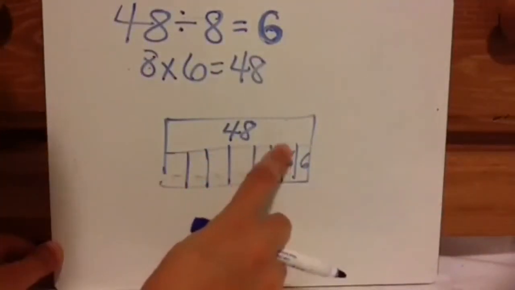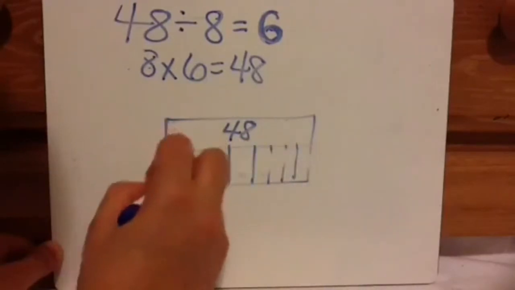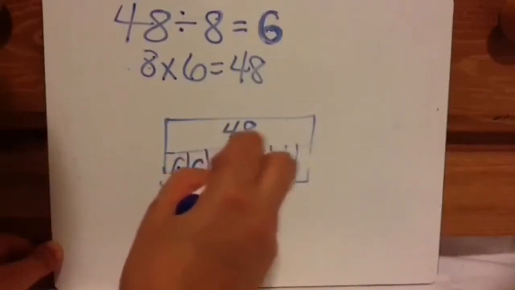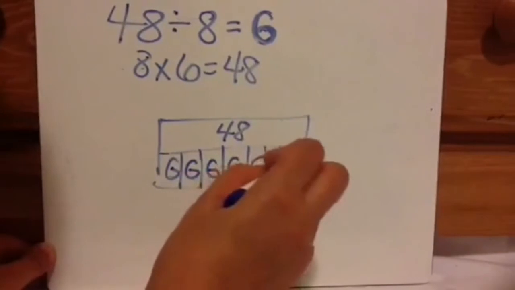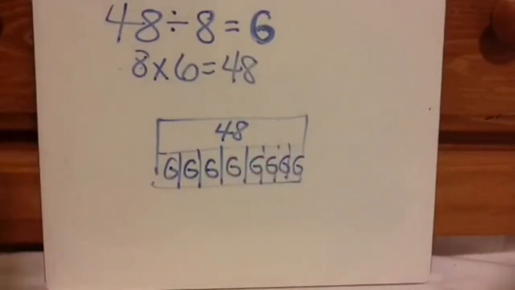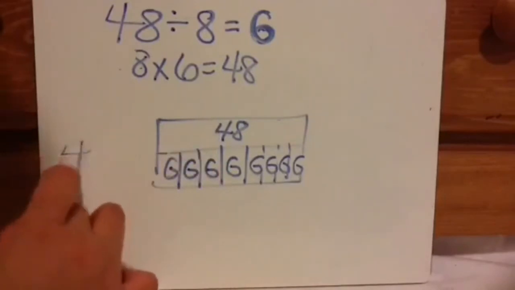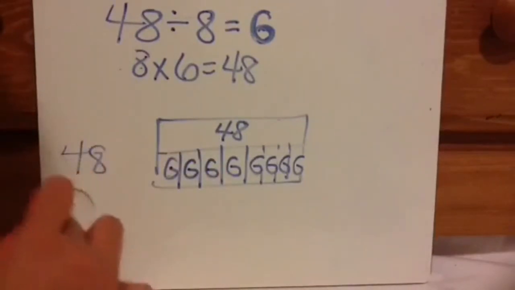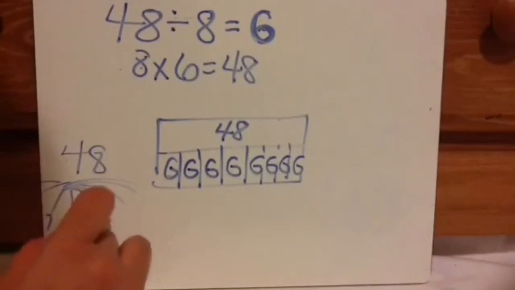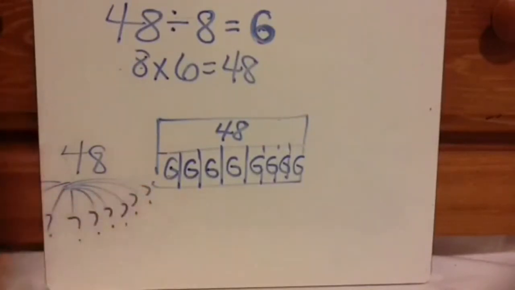So I would actually erase this and put G for each group, or the number of pencils in each group, or whatever you want to call it. So when you look at this, this is a division representation. You're starting off with 48 pencils and you are splitting it up into 8 groups. How many in each group?